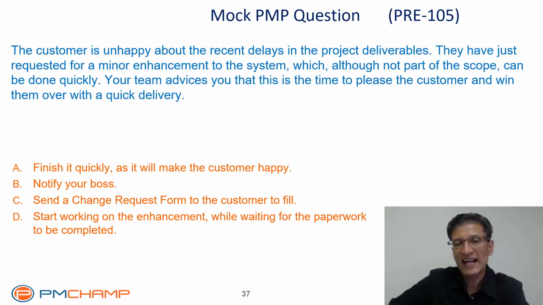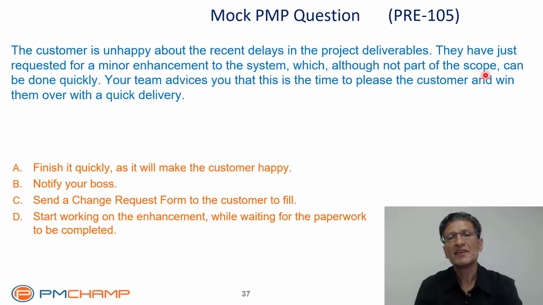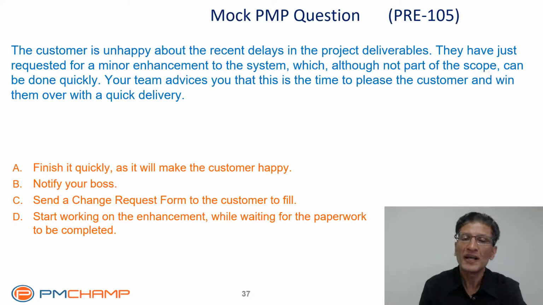Alright, let's tackle the question. Did you spot that what the customer is requesting is not part of the scope? If it is not part of the scope, it is not part of the project. We are not going to give any extras to the customer.